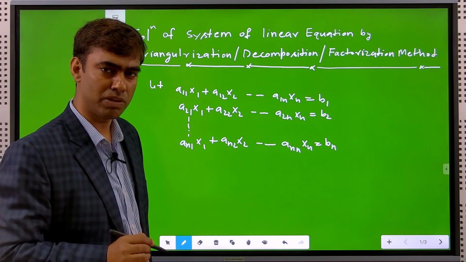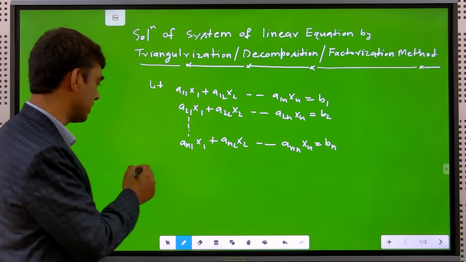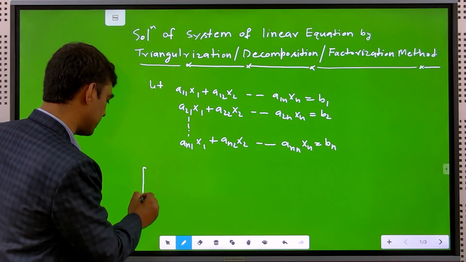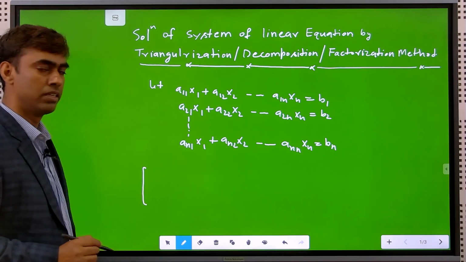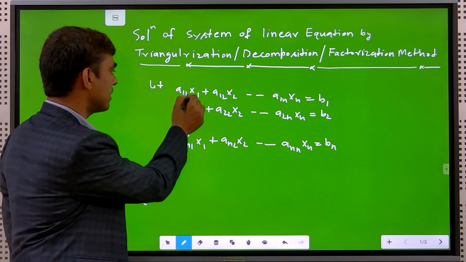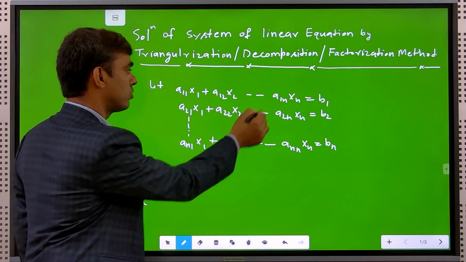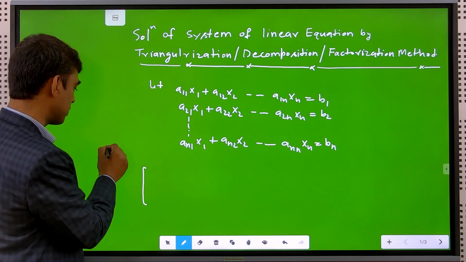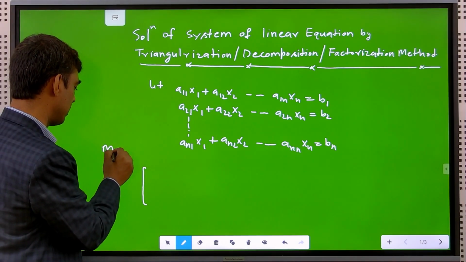What is the matrix form of this system? Here we write the coefficient matrix A, the coefficients of x1, x2 up to xn.